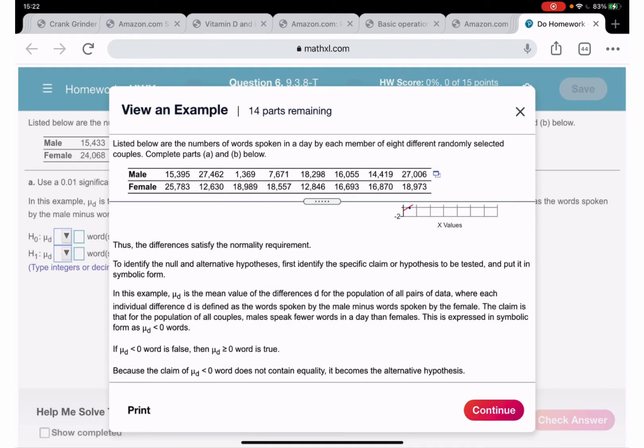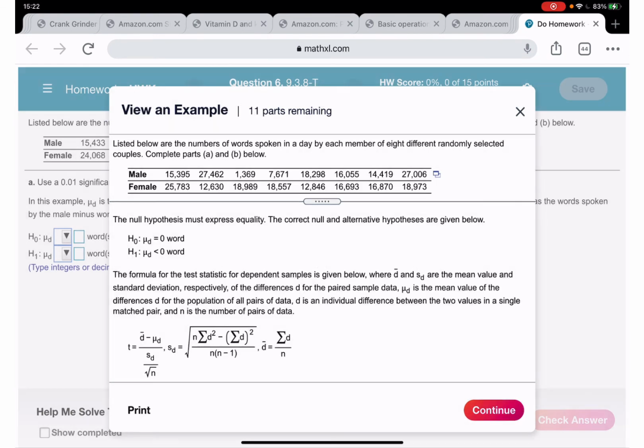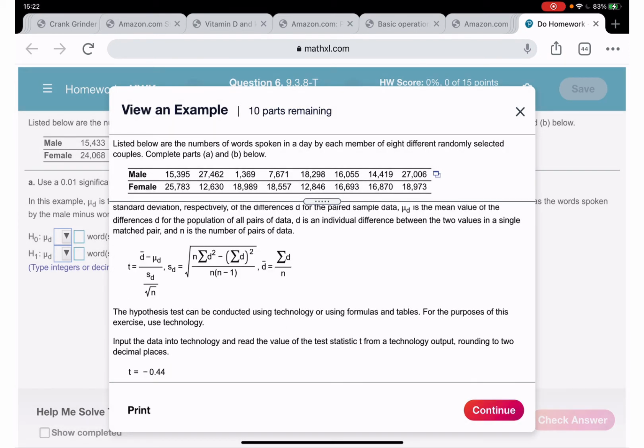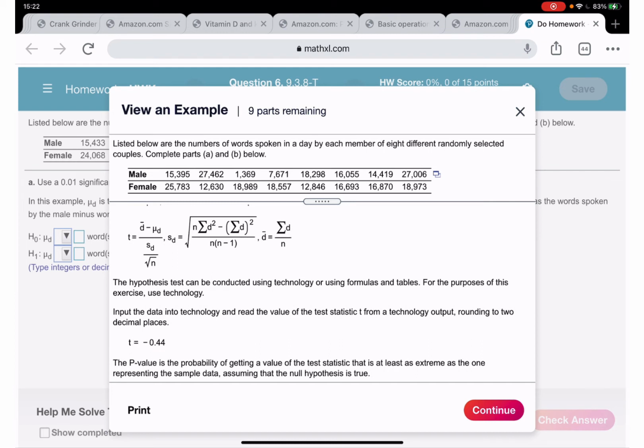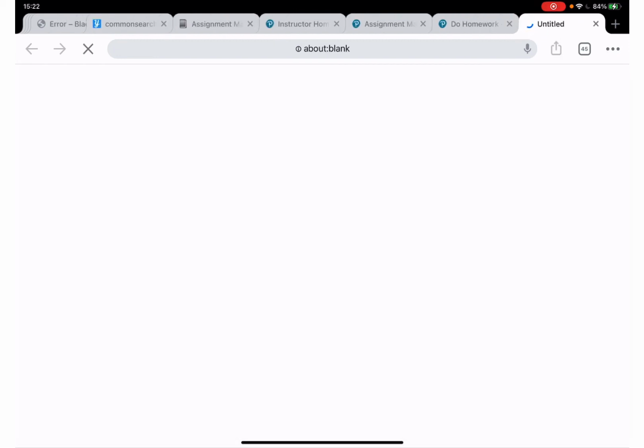Enter the data into your problem. Let me see. Here it is, our standardized test statistic. T is equal to negative 0.44 and the p-value is 0.366. Let's go. Opening in StatCrunch.